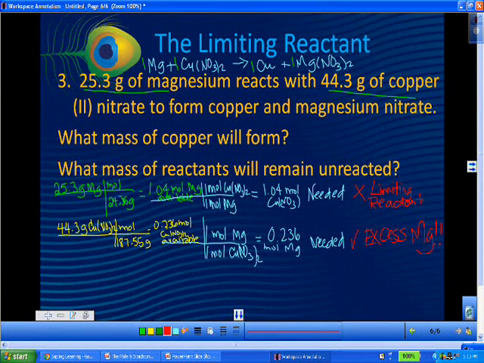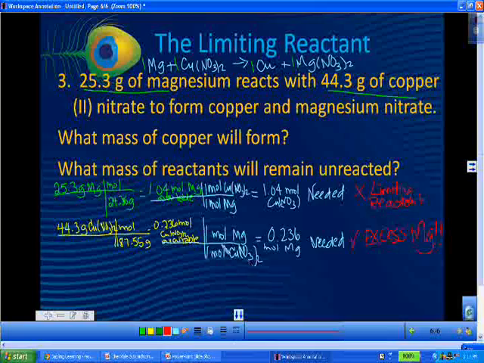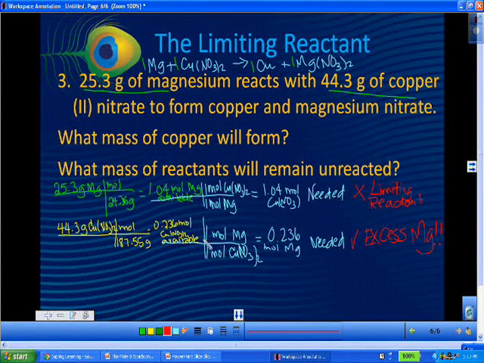Let's look at this first question. What mass of copper will form? And remember, to solve this, we're going to use our limiting reactant. So let's see what we have available from copper(II) nitrate. We have 0.236 moles of copper(II) nitrate available.